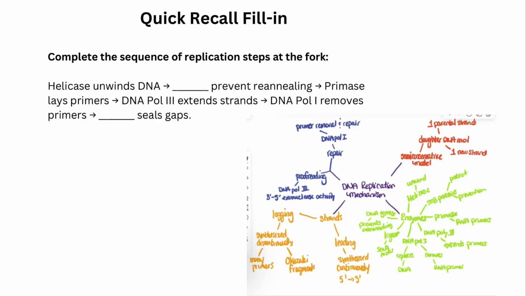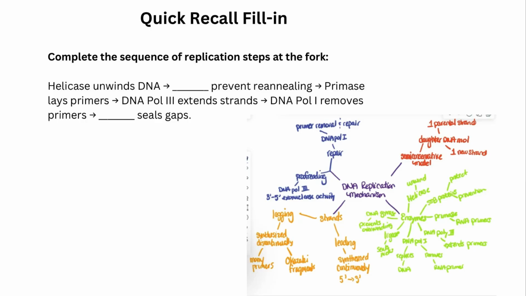Complete the sequence of replication steps at the fork. So helicase unwinds DNA, and then blank prevents reannealing. Then primase lays primers. Then DNA polymerase 3 extends the strands.